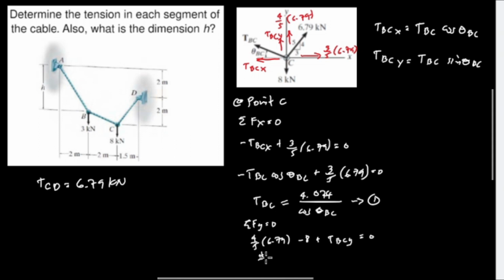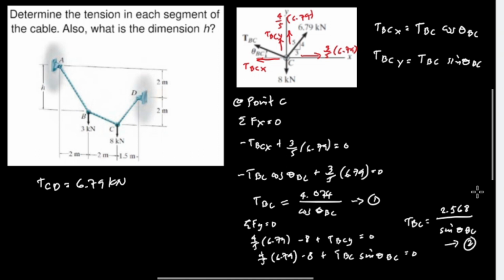Change TBCY to TBC sine theta BC, and equate that to 0. And we have TBC equals 2.568 all over sine theta BC, and that's equation number 2.